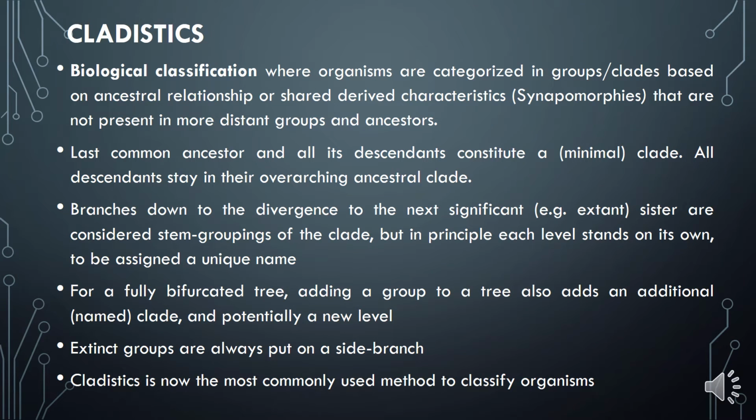Cladistics is also a process by which we can do taxonomy, but in cladistics we consider the evolutionary change, that is from the ancestral character to the shared derived character.